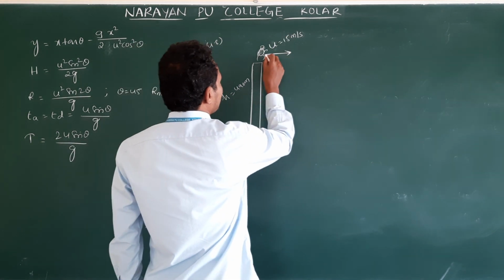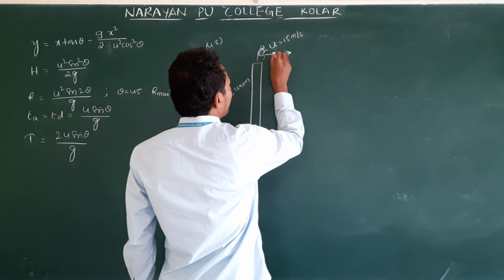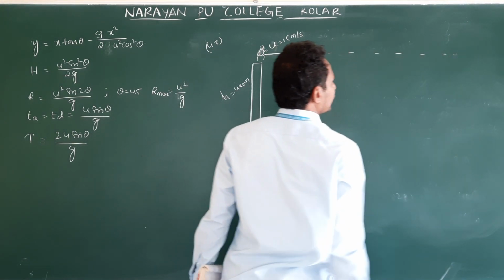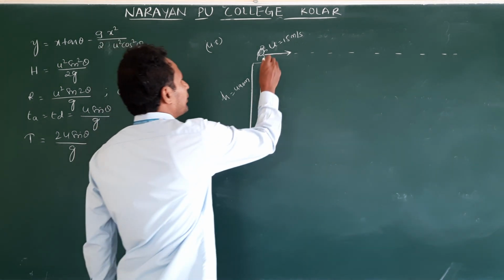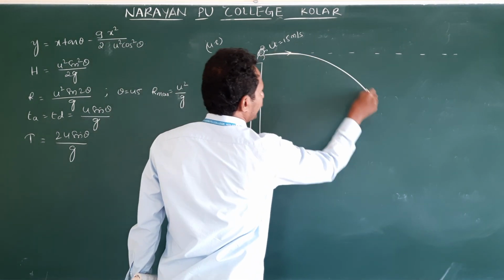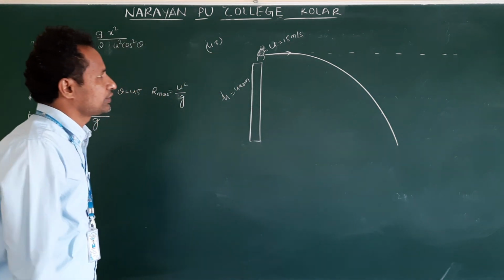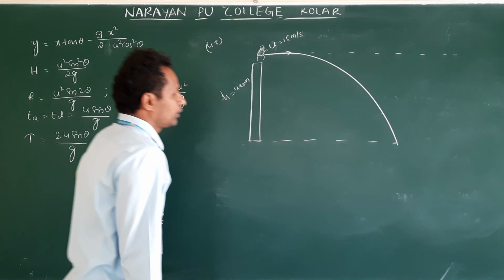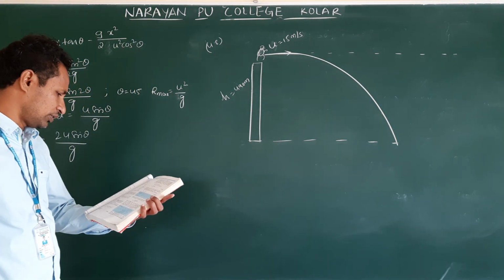Then how does it fall? It will not go straight. Some distance it follows straight like this and then follows like this. Understand? This is the question.